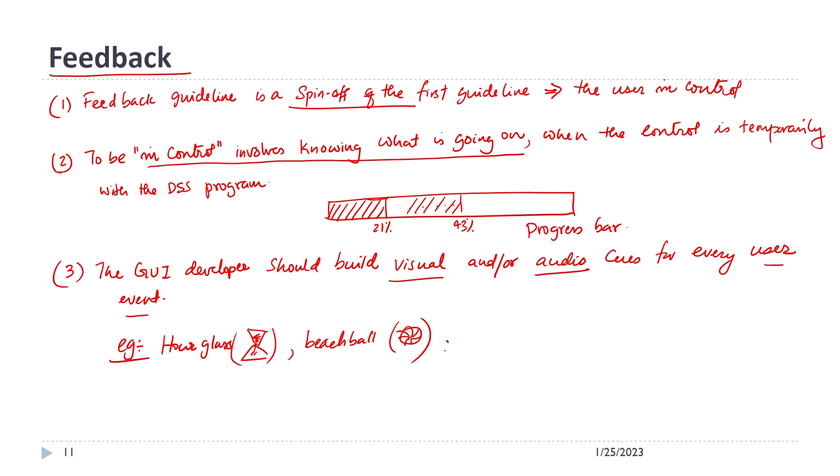Then there is a wait indicator sometimes, etc. So, these are all different GUI elements that are used to give either visual or audio cues for every user event, so that the user feels that he or she is in control of the decision support system, even when the control of the program is given to the DSS to make decisions.